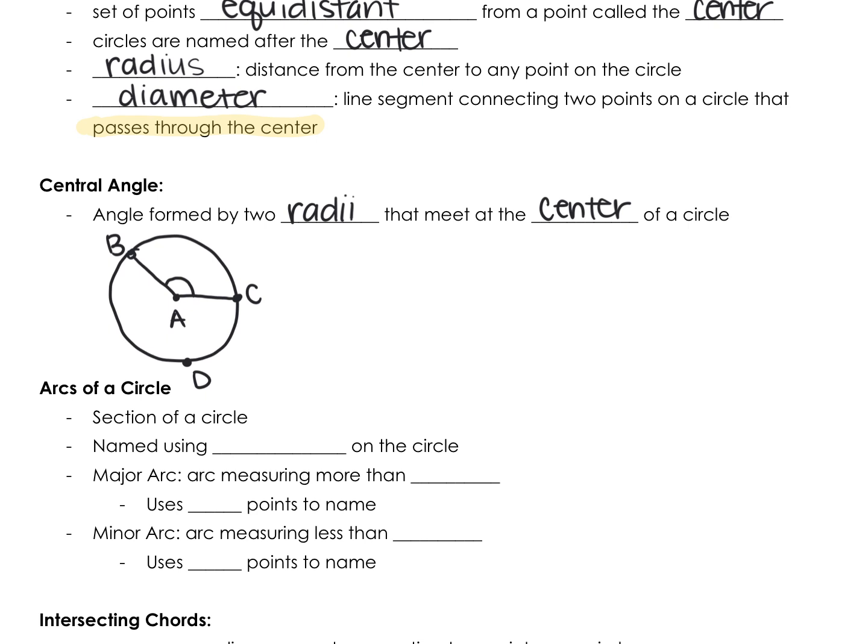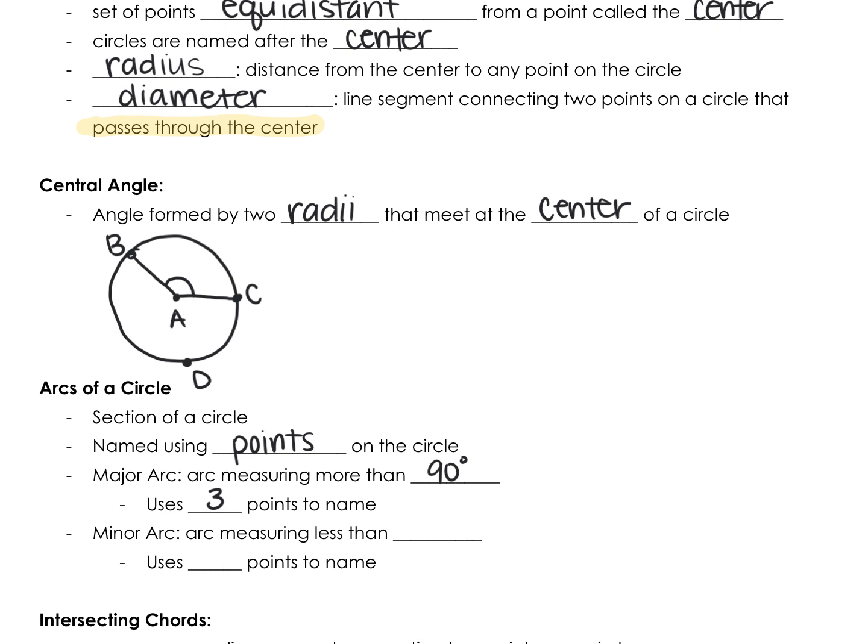So an arc is a section of the circle formed on the outside. So it's going from one point on the outside of the circle to the other. And what we do is we name it using points on the circle. So there are two types of arcs. There's a major arc, which is an arc measuring more than 90 degrees, in which case we use 3 points to name it, so we are indicating that it's a major arc.